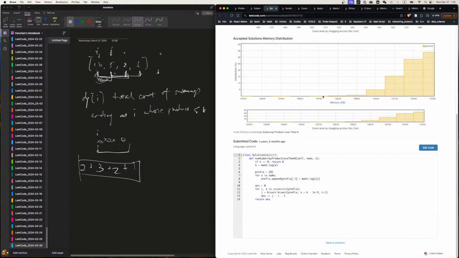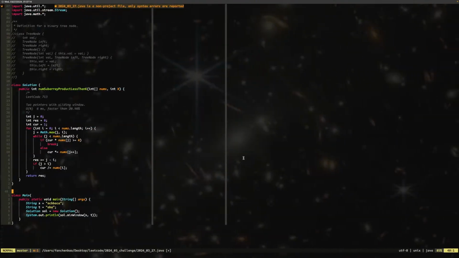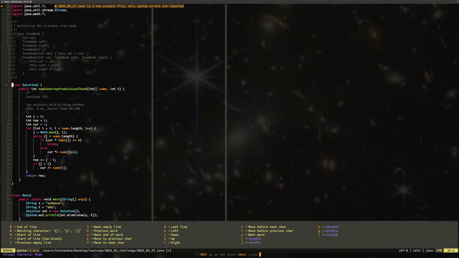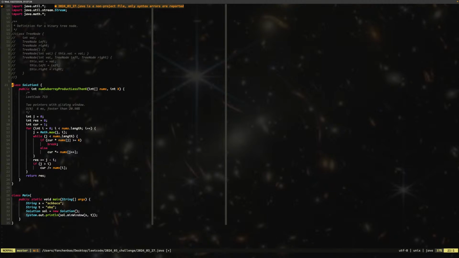What the hell is that? Wait, why do you minus 10 to the minus 9? Oh, I think this is for bisect purpose. This is for bisect purpose. Nah, now why do you do it this way? Yeah, I think we can probably improve this. Oh, equal. That's why.